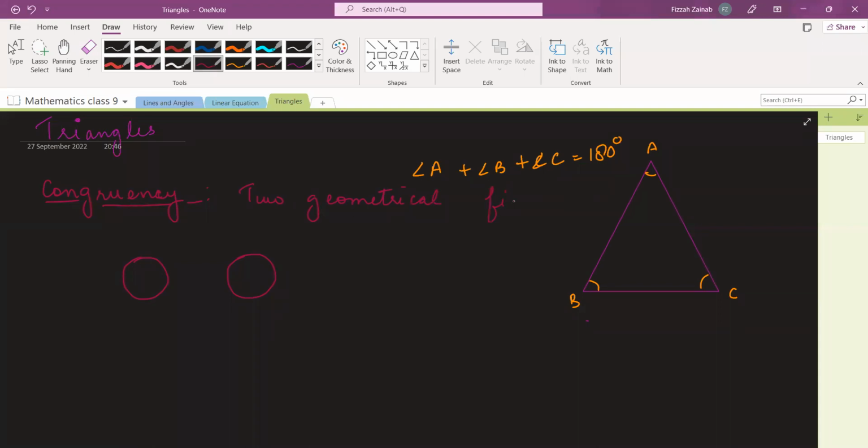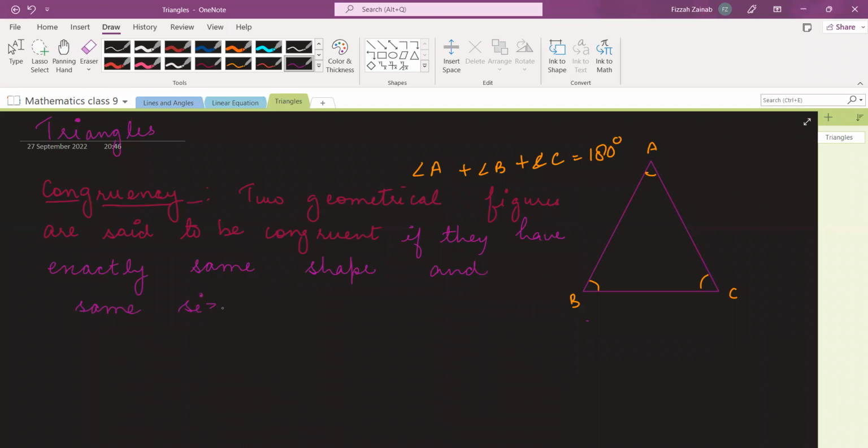Two geometrical figures are said to be congruent if they have exactly the same shape and same size, right?